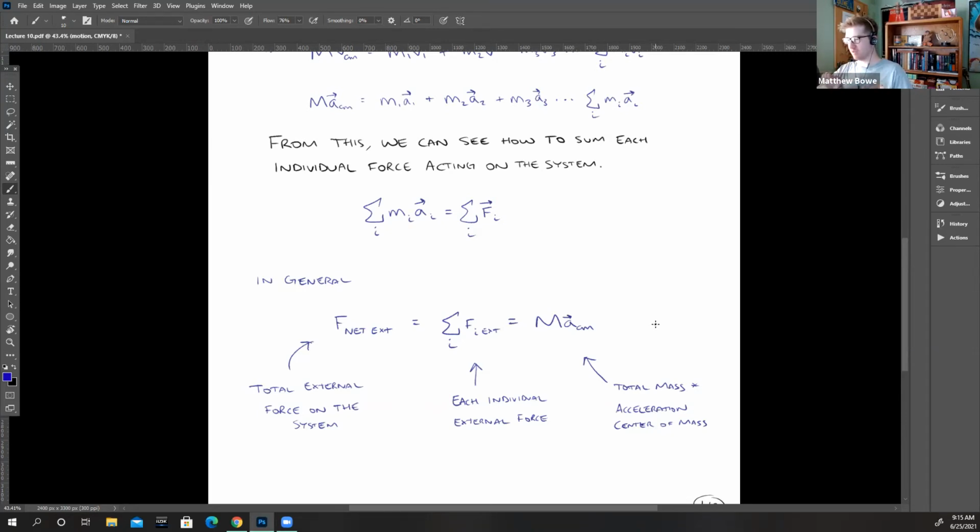But if I apply a little force to the bottom one and a little force to the top one, I can find that the acceleration of the center of mass, which will be in the middle where the dumbbell handle is, will actually start to move in the direction of that force. I don't have a picture ready for this analogy, but maybe you could picture it in your head.